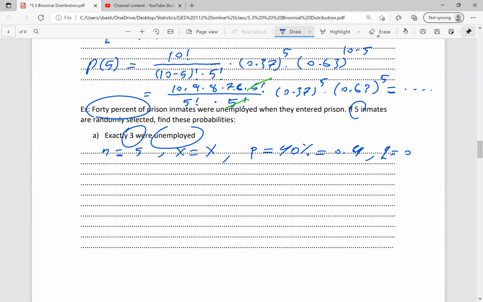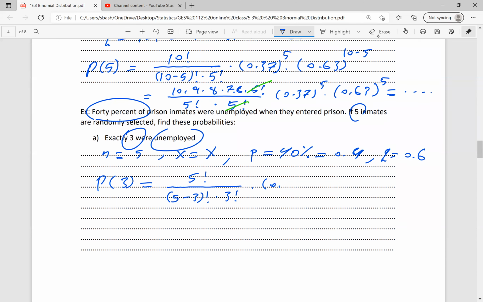This means q will be 0.6, it is 1 minus p. So P of 3 is equal to n factorial, with n equal to 5, so this is 5 factorial divided by 5 minus 3 factorial multiplied by 3 factorial, times p, which is 0.4 to the power x, to the power 3, multiplied by q, which is 0.6 to the power n minus x, 5 minus 3.